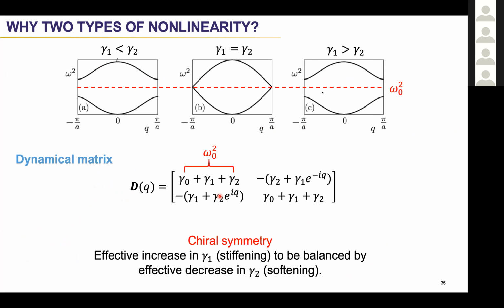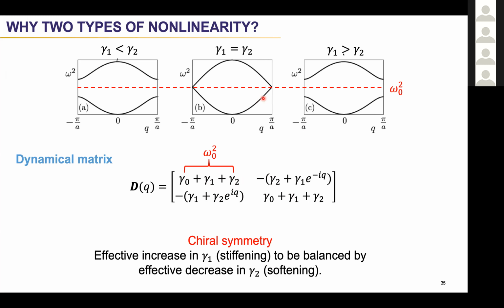So one may ask, why two types of nonlinearity in the system? It's because as we have seen earlier, these three cases lead to a dynamical matrix where the diagonal element is the same, and this is the center frequency here. So we want to maintain the chiral symmetry in the nonlinear system.